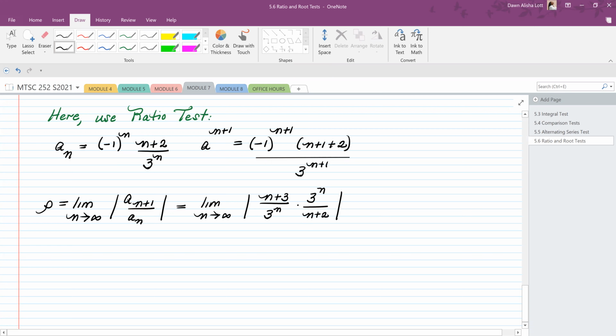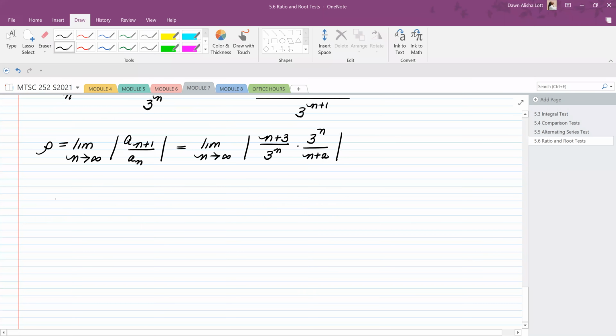Okay. So this is now the limit as n approaches infinity. Everything's positive, so I'm going to drop the absolute value.